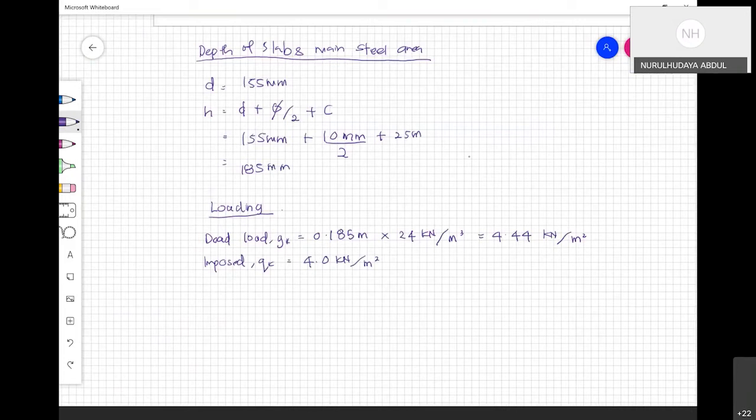And then calculate the ultimate load. 1.4 times 4.44 plus 1.6 times 4.